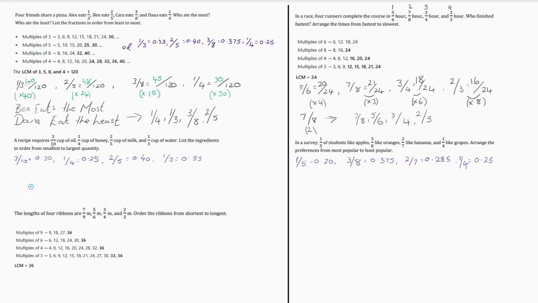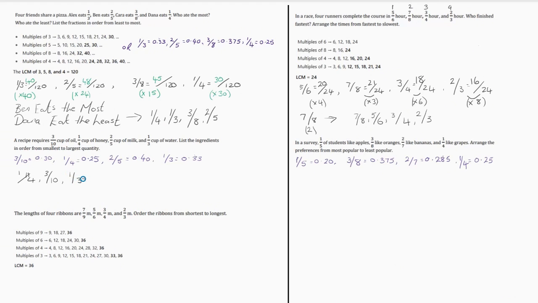So now we know that the smallest is 1/4. The next one is 3/10. The next one is 1/3.